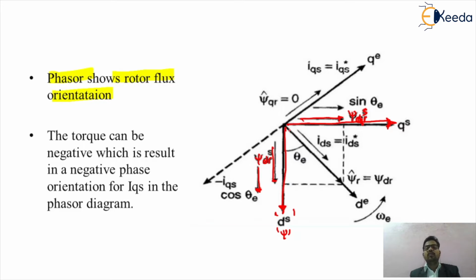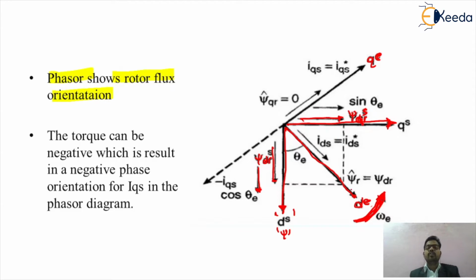If you want to get the resultant of this term, we want to get the value of IDS with respect to the de frame, which is a unit vector. Qe is a unit vector because it gives the value in the rotating frame quantity, that is de and qe. The angle between these will be 90 degrees. Omega e is the rotating frame component, the speed of your unit vector.